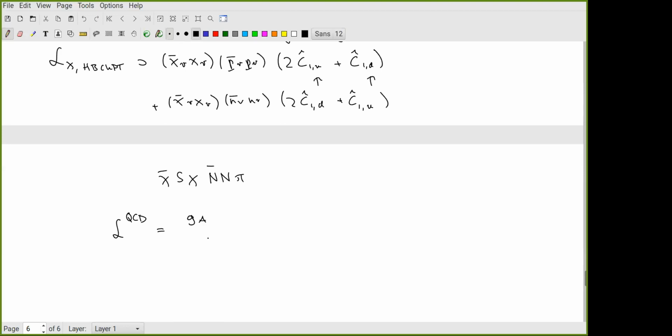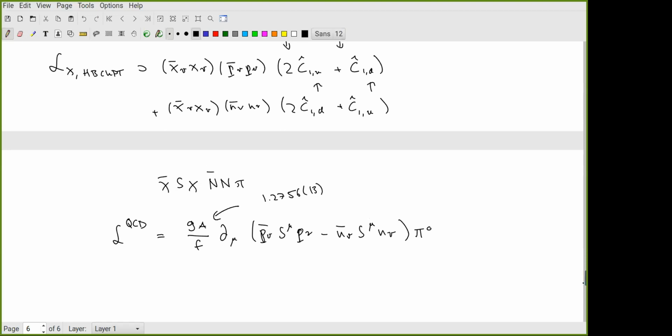Yet another low energy constant, g_A, divided by our F that we know already, and then the derivative of the nucleon spin currents, p bar v·S p minus n bar v·S n, times pi 0. And again, that's a constant that you can measure or calculate. It's just a number for our purposes.